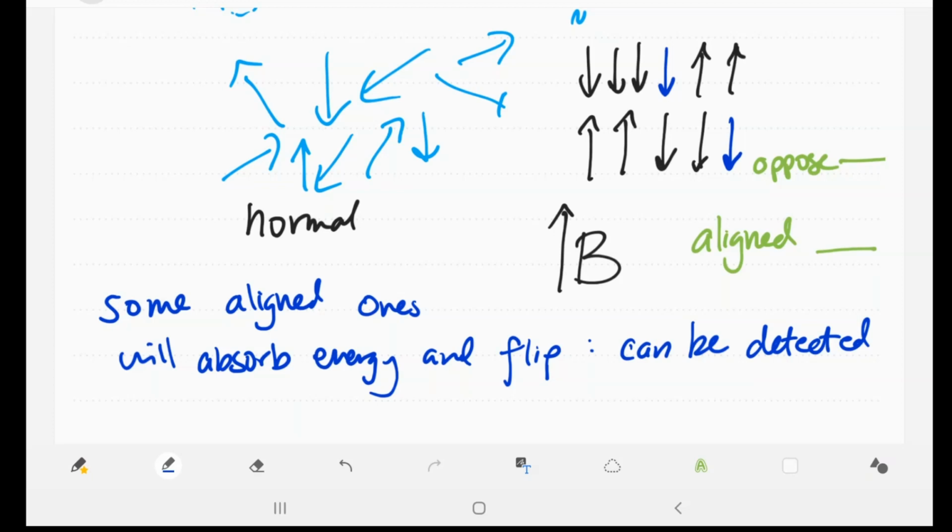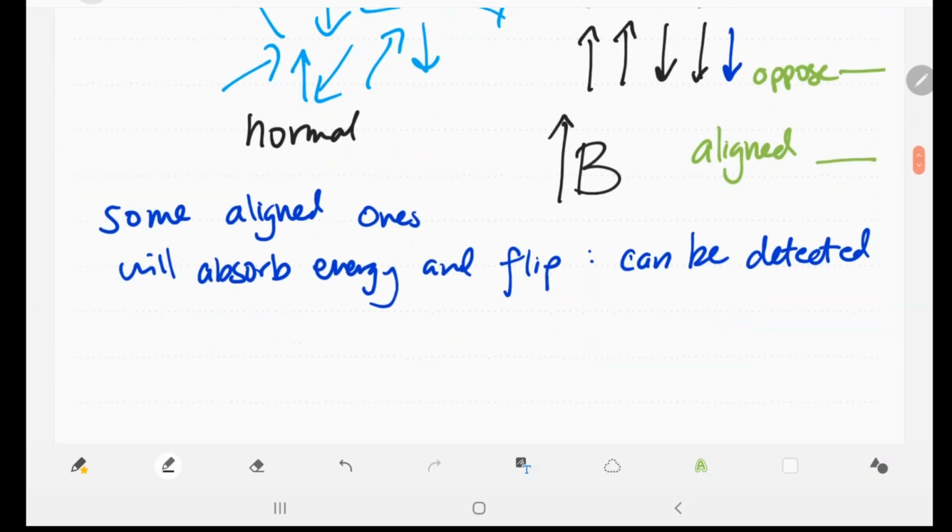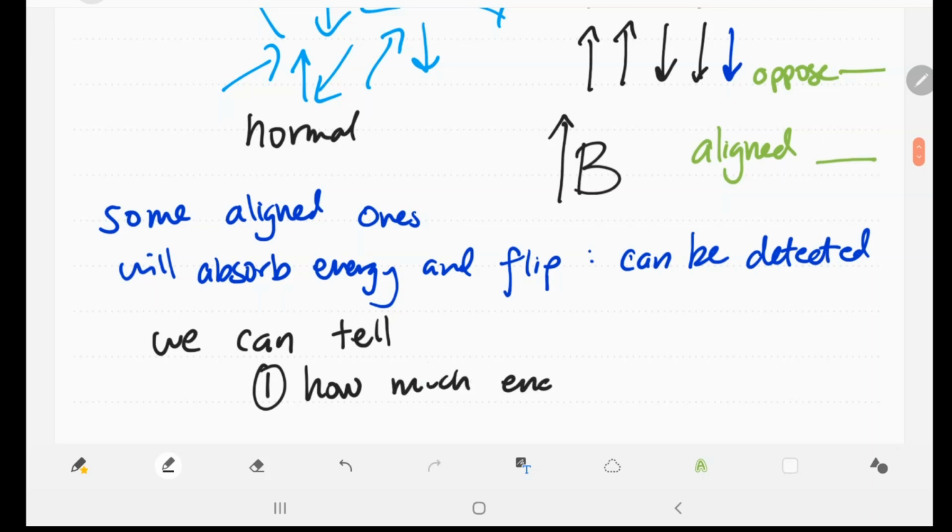And so as a result, we can tell how much energy, because this is quantized, just like absorbing light energy to excite an electron to a higher state. We saw that there were specific energy levels that we would detect.